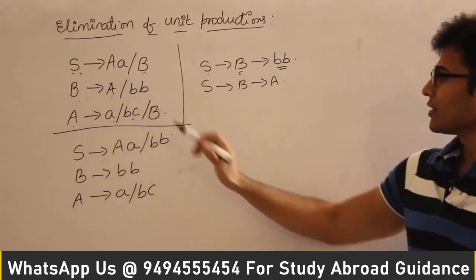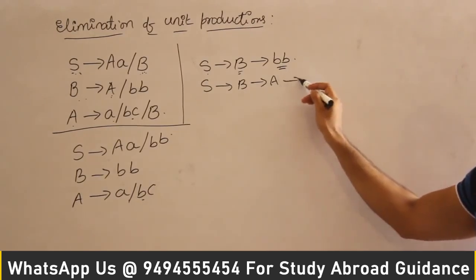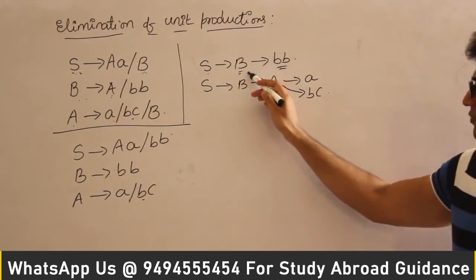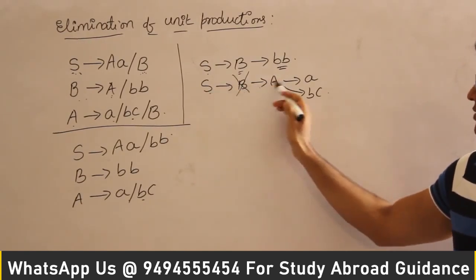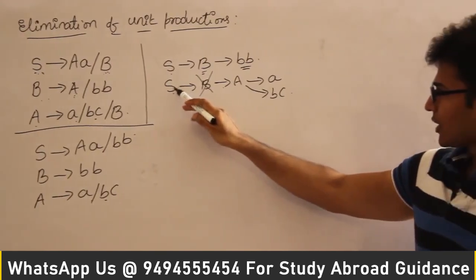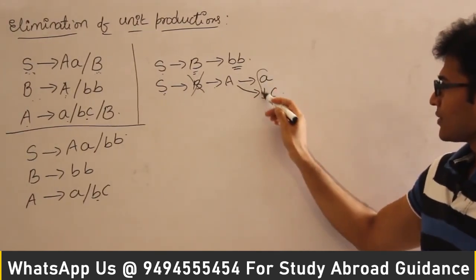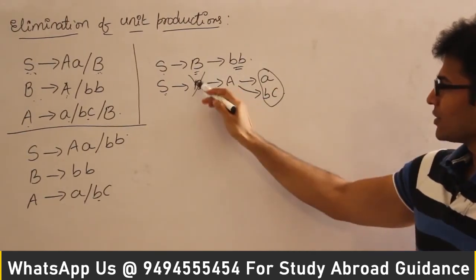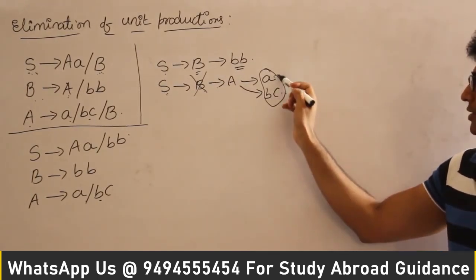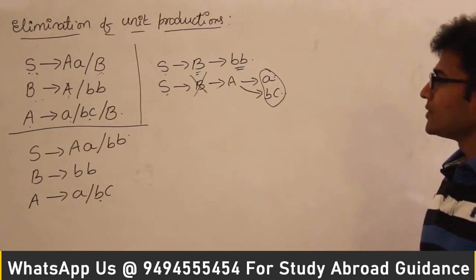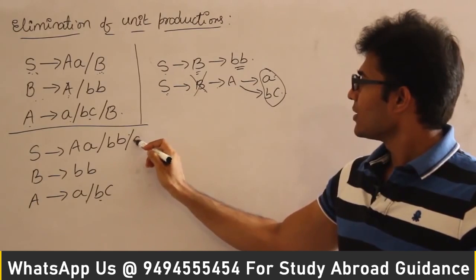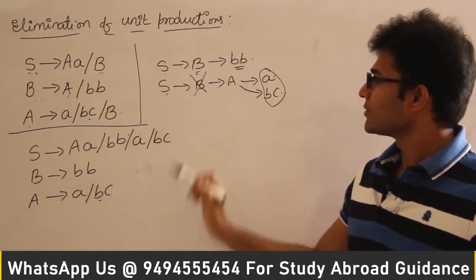Then A could generate either a or BC. Therefore, if I delete this, the entire chain is broken, and S might miss out the chance of generating a and BC. Therefore, even if you eliminate this unit production, a and BC should still be there. So I am going to write a and BC.